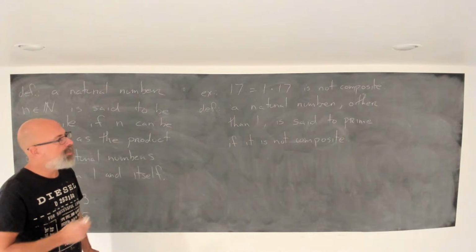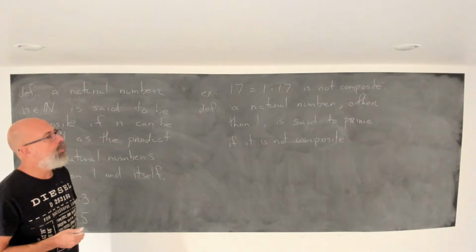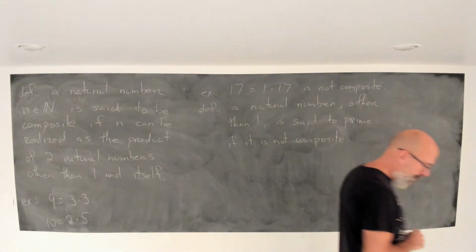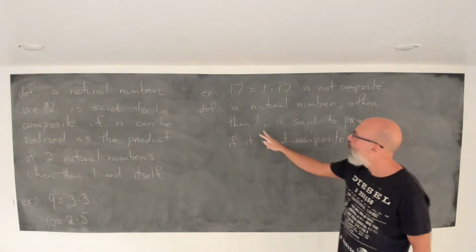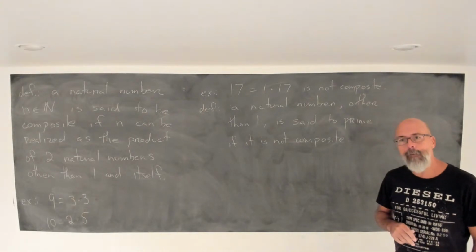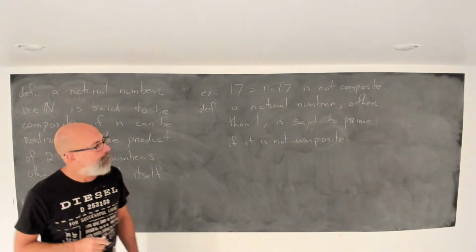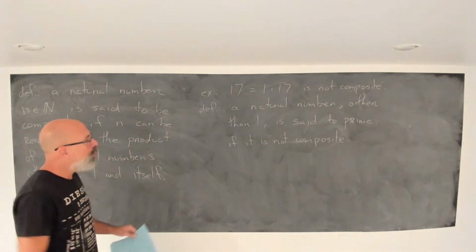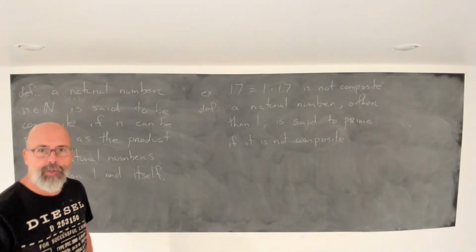So there'd be this confusion as to what's going on here. Now, however, that has been fixed, and the convention is that one is not a prime number, and we'll see exactly why that is momentarily. So our definition here of a prime number is a number that is not composite.